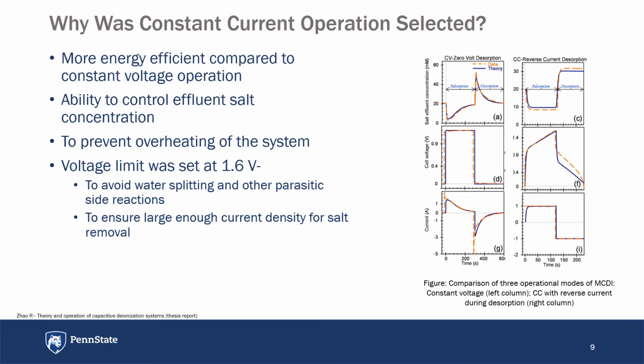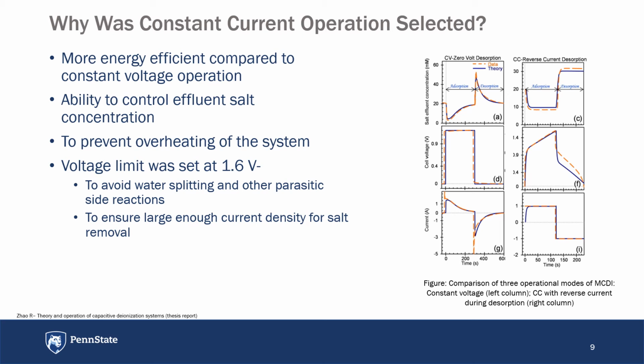So one question that came into our mind while doing this experiment is why constant current operation is selected, because we can do this experiment in two modes: constant current and constant voltage.